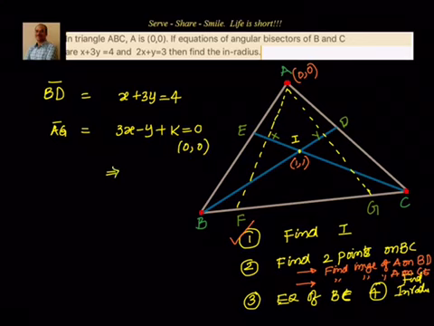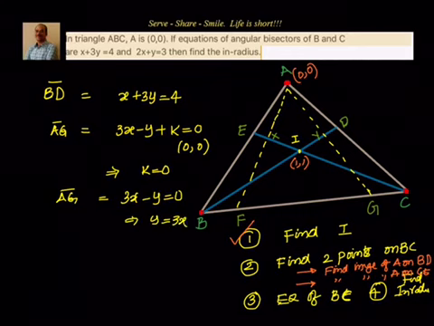That tells me, by substituting, 3 into 0 minus 0 plus k equal to 0. That means the equation of AG is 3x minus y equal to 0, or can I say y equal to 3x.